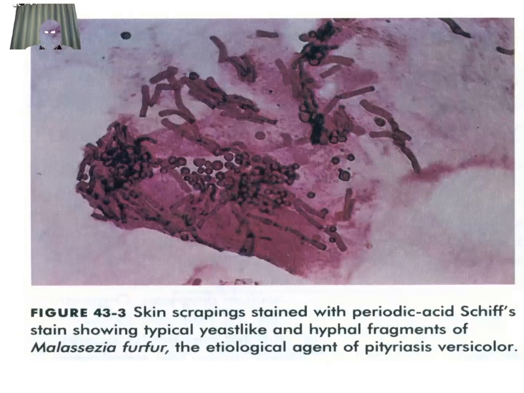This is how the skin scraping stained with periodic acid-Schiff looks, typically yeast-like cells and hyphal fragments of Malassezia furfur, the etiological agent of pityriasis versicolor. These are the microorganisms which cause these problems.